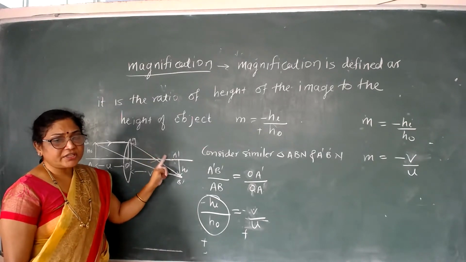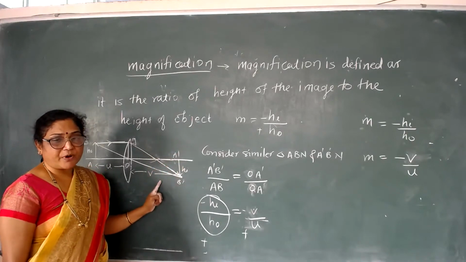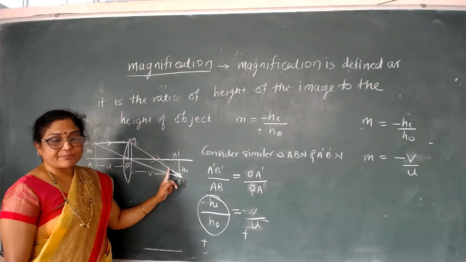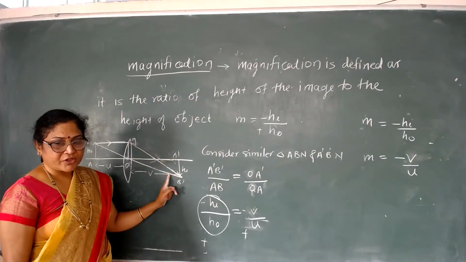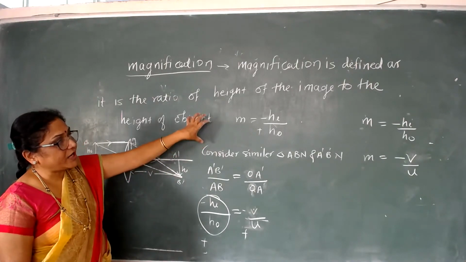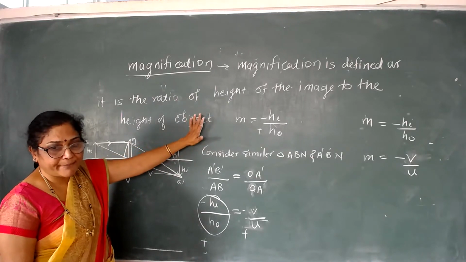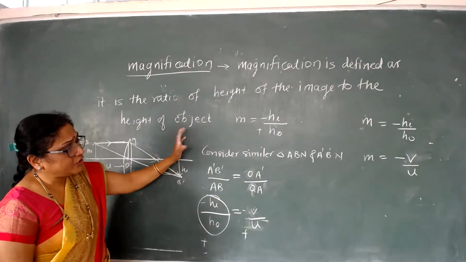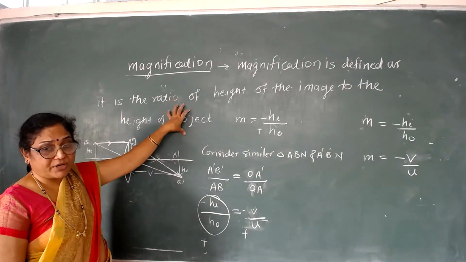So in this topic, we study the image formation due to the convex lens, as well as we derive the expression for the magnification. So we derive as well as find out the value of the magnification. Otherwise, this is to find out the different formulas.